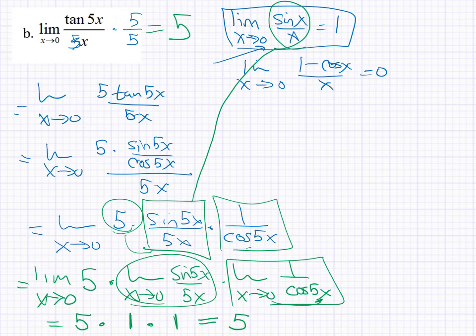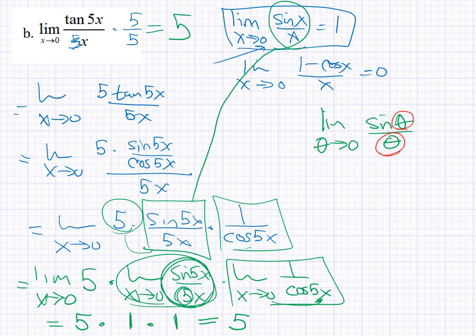Now there's a really important thing here, is that this limit, we needed that extra 5 in the denominator. Because if I'm doing the limit as, let's say, theta approaches 0 of sine theta over theta, I'm just going to use thetas instead of x's. The key to this is that this and this are the same and are doing the same thing, because that has to be the thing that's going to 0 for this limit to apply.